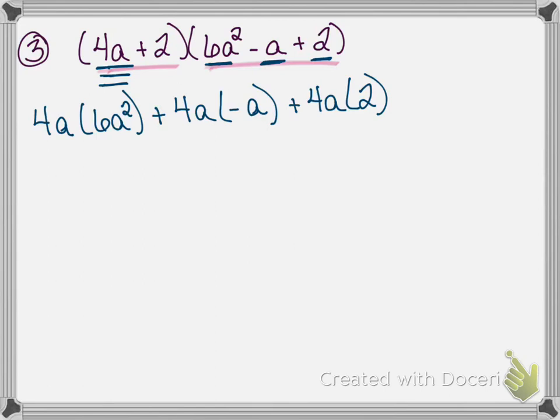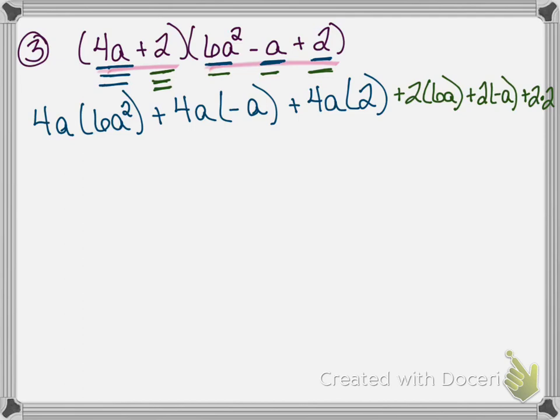So now the next thing I'm going to do is the 2. So I'm going to have 2 times 6a squared. Then I'm going to have 2 times negative a. And then I'm going to have 2 times 2. And now I am able to simplify.